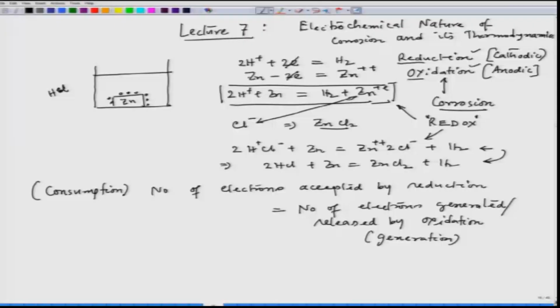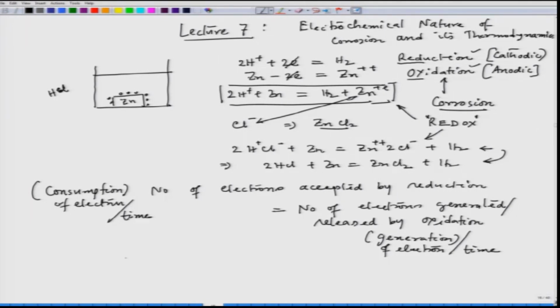So, in order to maintain charge conservation, the consumption of electrons per unit time should be equal to the generation of electrons per unit time.